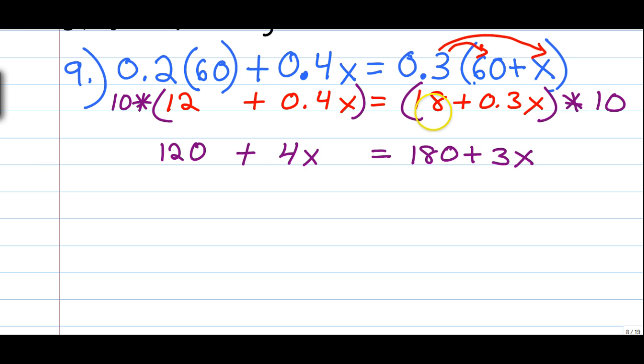In the 10 to the 18, again, the decimal place just moved one place, resulting in 180. And the 10 to 0.3 resulted in the decimal place moving one place, resulting in a 3. Another way to remember this is that if you multiply by 10, it moves one place, since 10 has one 0.